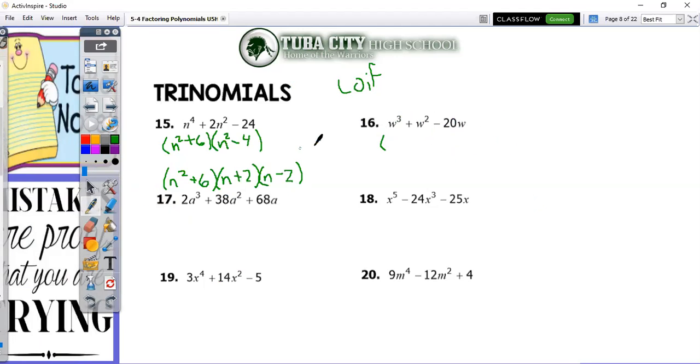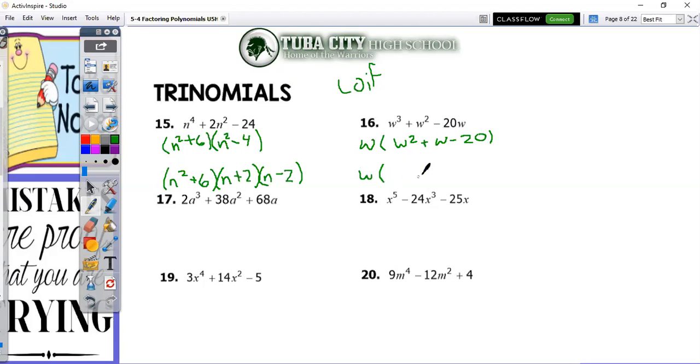But let's keep it simple, and we're going to factor out w from all of them. So they all have a w. So each of them has to give me one w. So w squared plus w minus 20. And there's no more w, so it's all gone. So we have one less w for everyone.